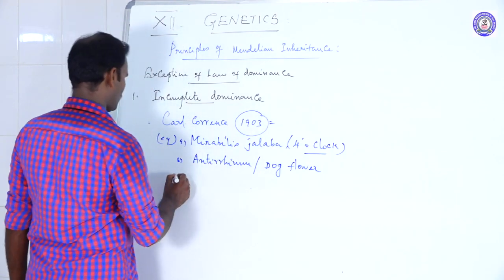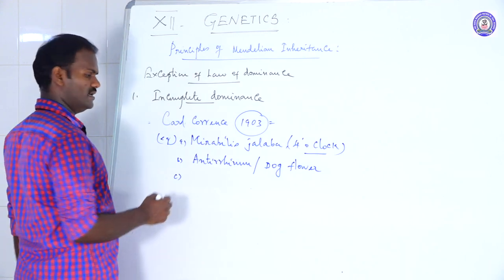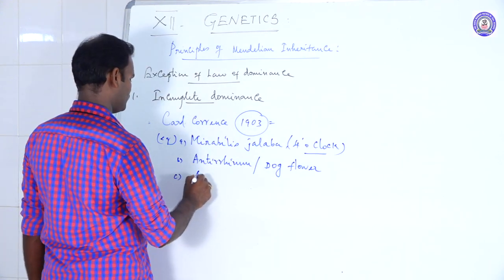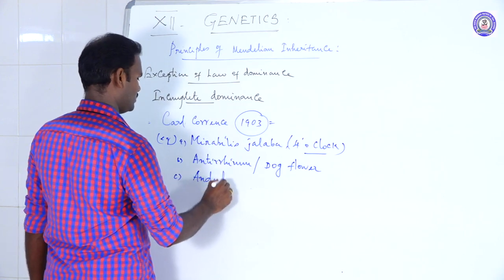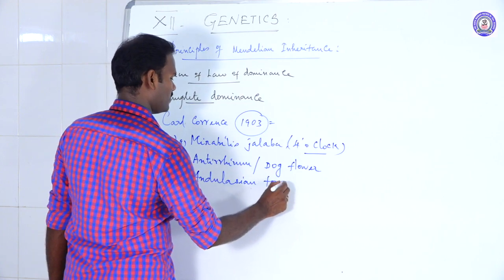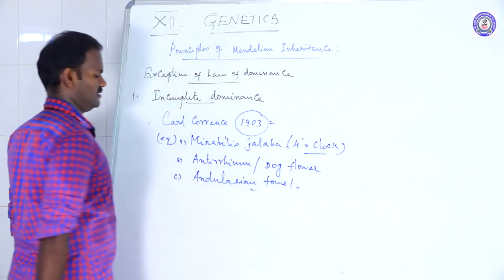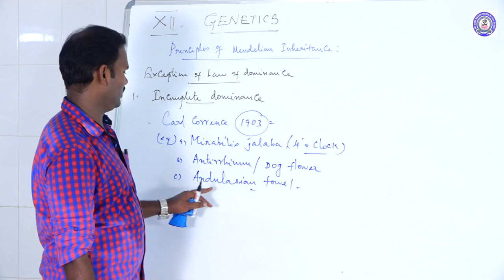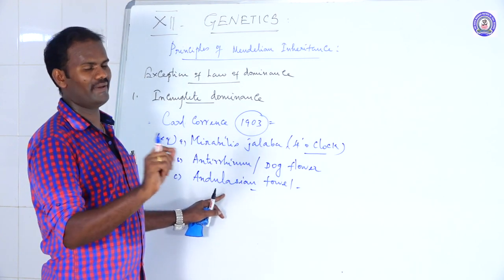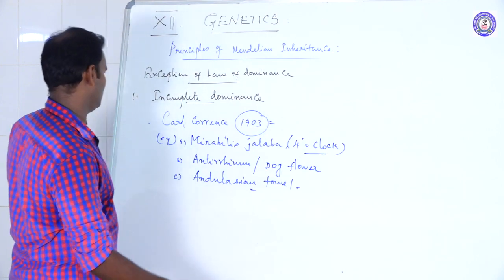And another example is the Andalusian fowl. The feather color of the Andalusian fowl also shows incomplete dominance. No one of the parental characters is dominant.